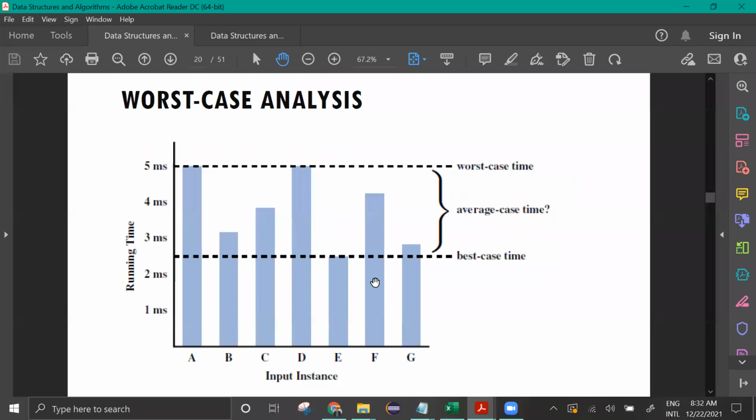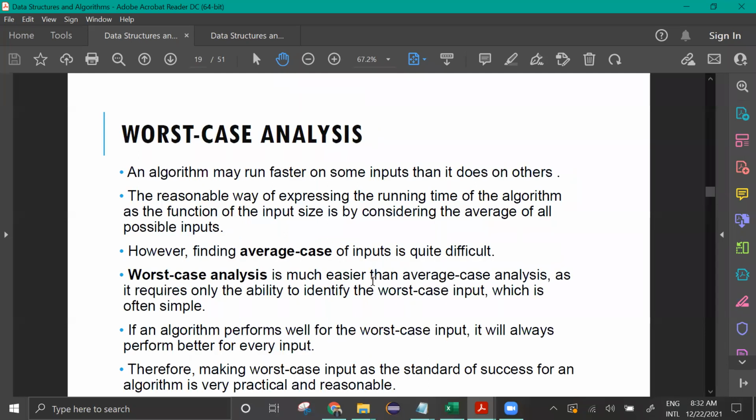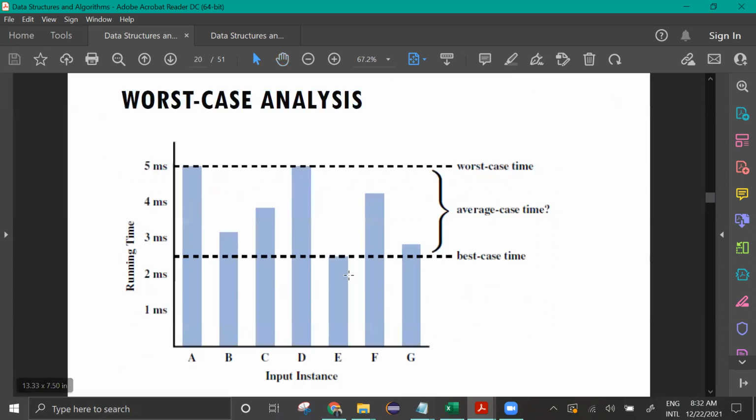In asymptotic analysis, we have a way of comparing worst case and best case, in some cases both of them.